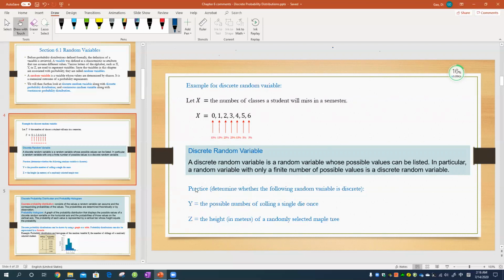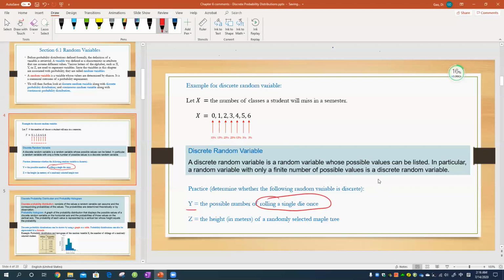Let's look at this practice. Determine whether the following random variable is discrete. Let the capital letter Y be the possible number when rolling a single die once.